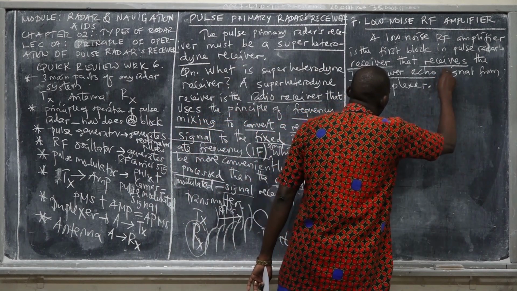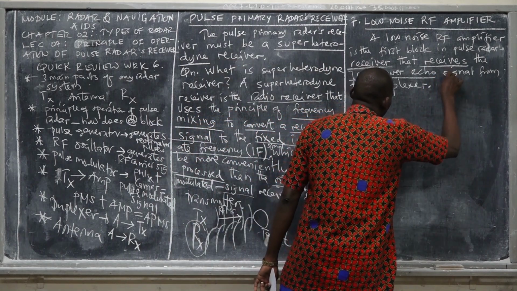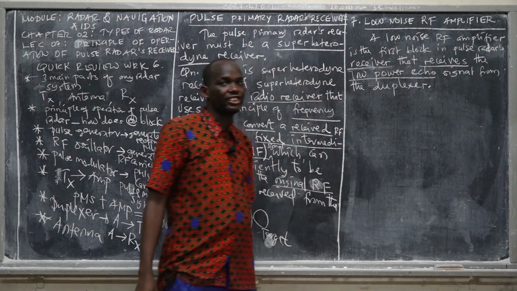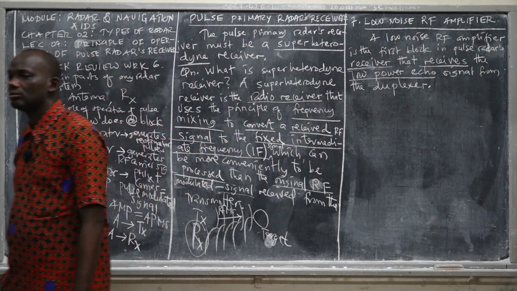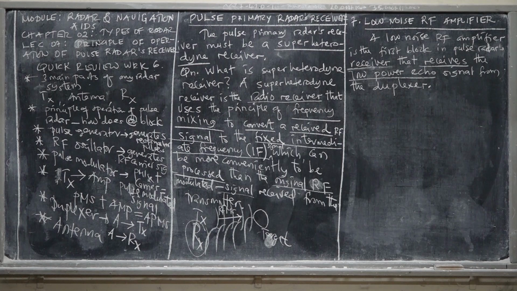Sometimes we call it a weak echo signal or weak reflected signal. Echo signal from what? From the target. It has been reflected by the target.